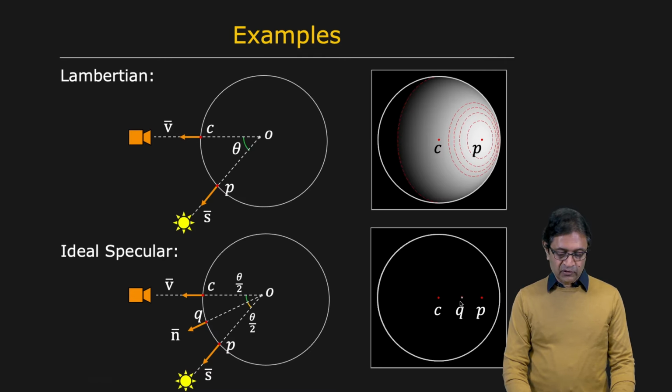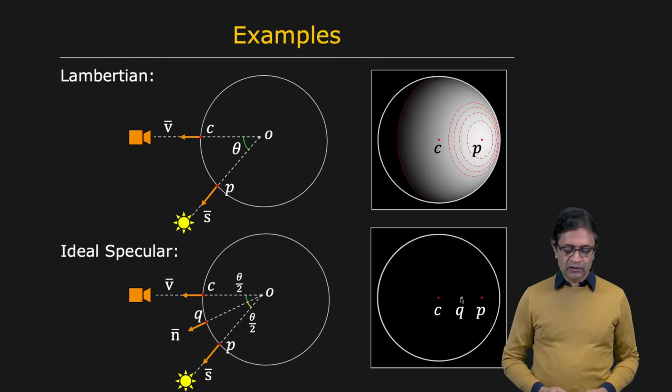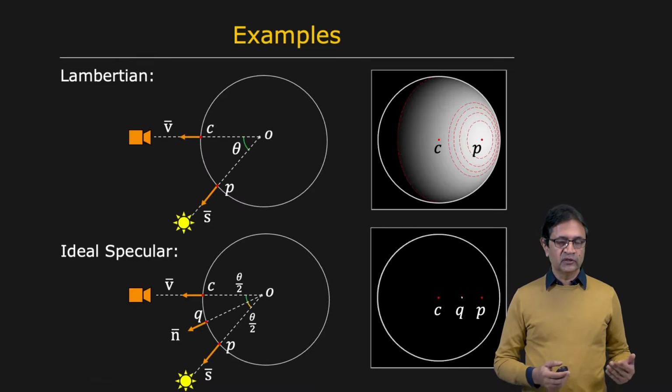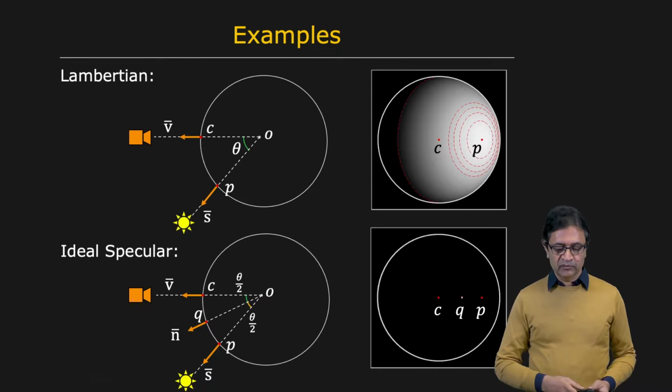And that point corresponds to this point, Q. And Q has a surface normal, which is a bisector of V and S, because that's the point for which the angle of incidence is going to be equal to the angle of reflection. And that's the only point in the sphere for which that's true. So you get a bright point right here. So these are very simple models, but very widely used, because we know that we have very shiny mirror-like objects in the real world, but we also know that we have very diffuse, matte, Lambertian-like objects in the real world.